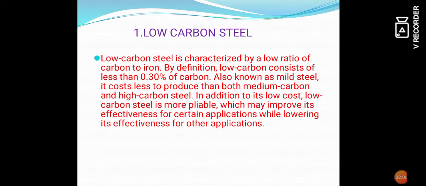It costs less to produce than both medium carbon and high carbon steel. In addition to its low cost, low carbon steel is more pliable, which may improve its effectiveness for certain applications while lowering its effectiveness for other applications.